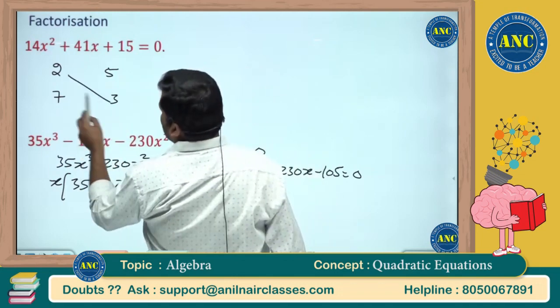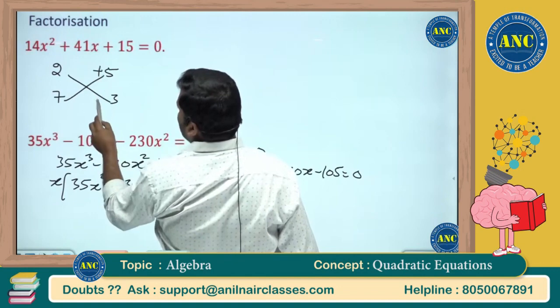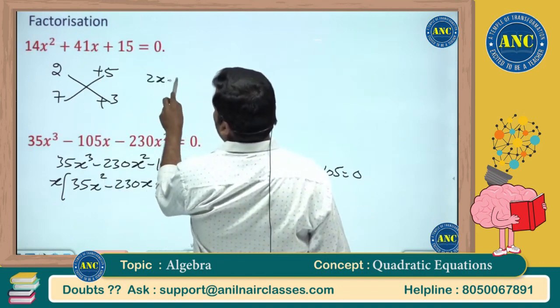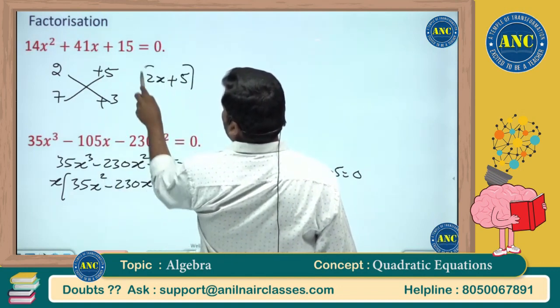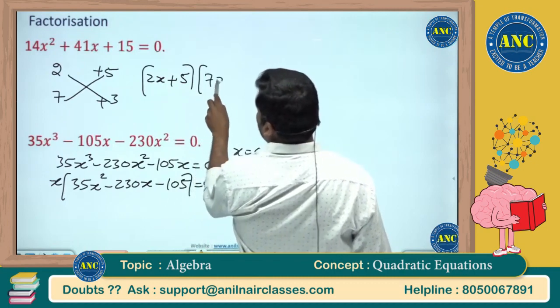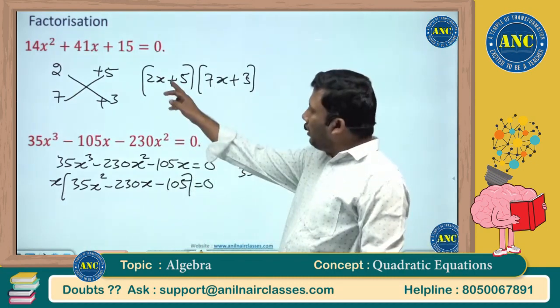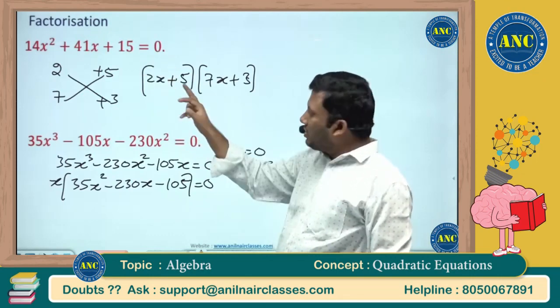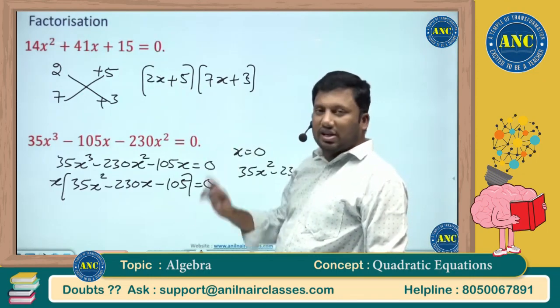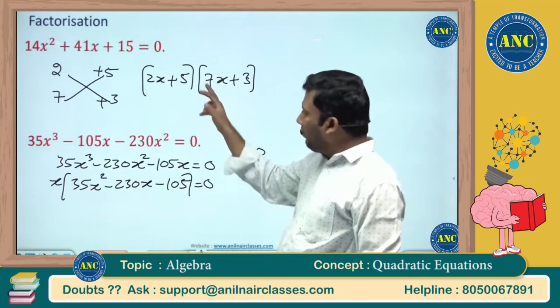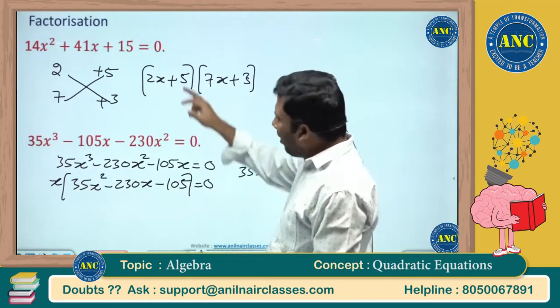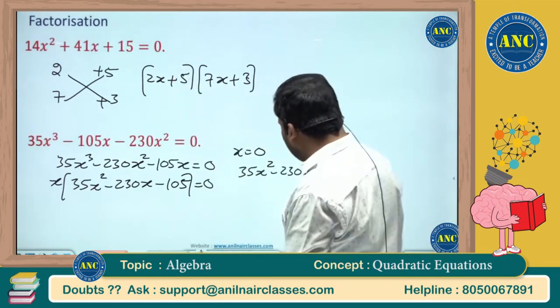So this will become 2x plus 5 into 7x plus 3. 2x into 7x, 14x square. 2x into 3, 6x. 5 into 7, 35. 5 3s are 15. That is how we factorized, I hope the idea is clear.